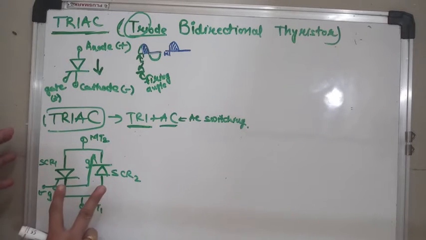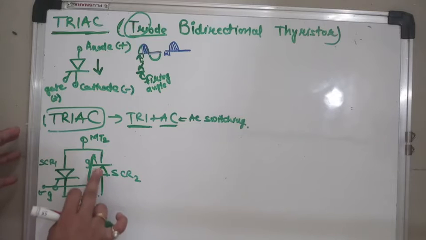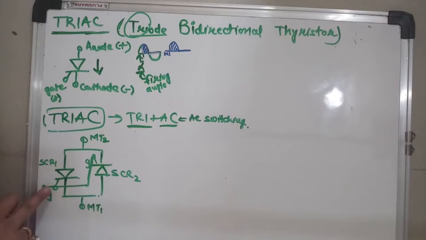When two SCRs are connected anti-parallel and the gates of both SCRs are connected together, one terminal is labeled as the gate. The gate acts as the control terminal, and the other two terminals are labeled as main terminal 1 and main terminal 2.